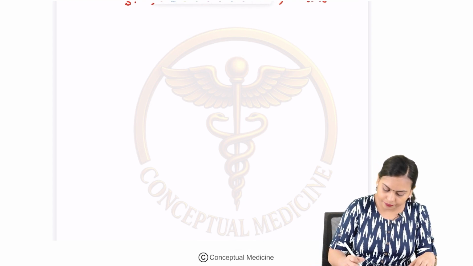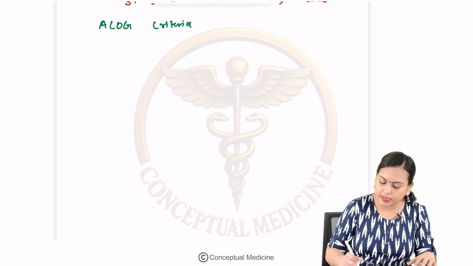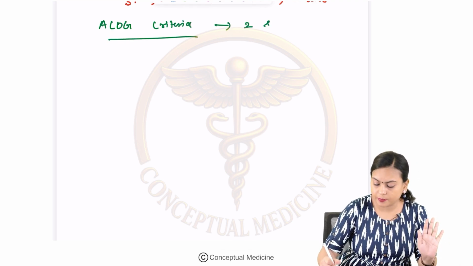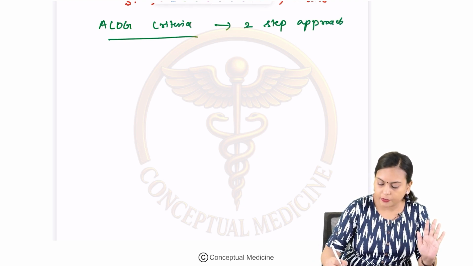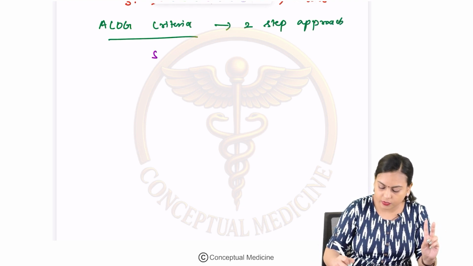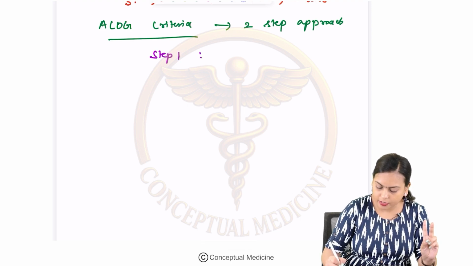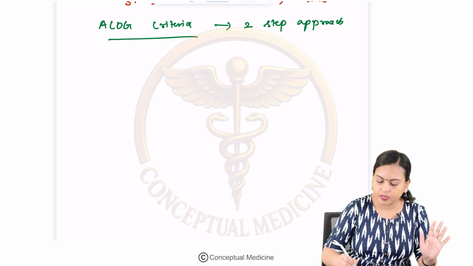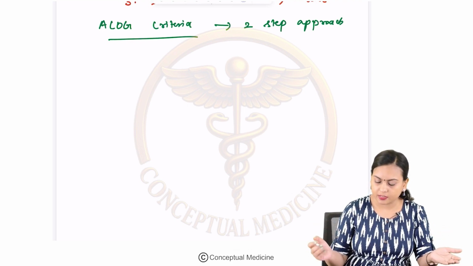First one is the ACOG criteria. Already I told you it is a two-step approach, right?